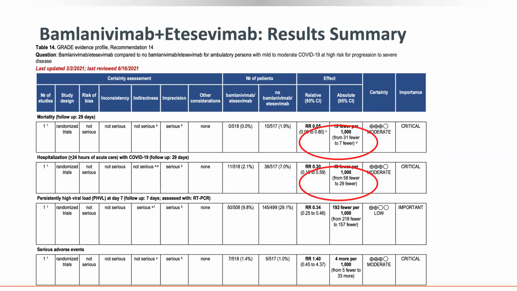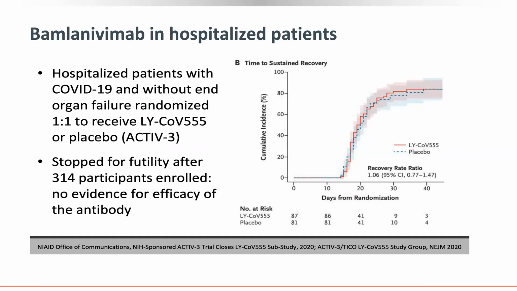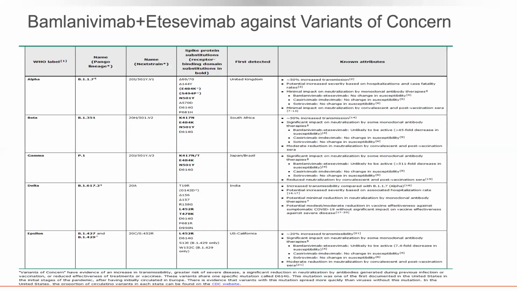And also when you use it in those with COVID-19 who have more than 24 hours in acute care, again, you see that there is a reduction. This slide again shows us time to sustained recovery with the placebo and with the monoclonal antibodies, fairly showing that the monoclonal antibodies are really doing a job.